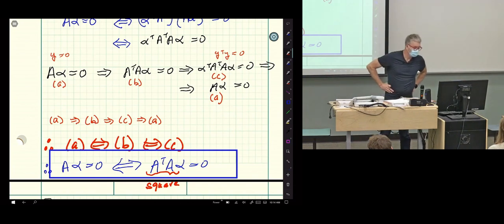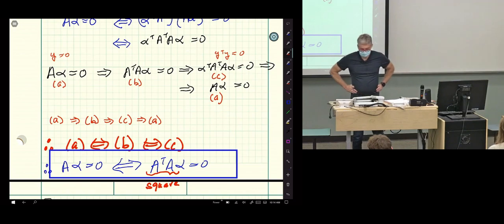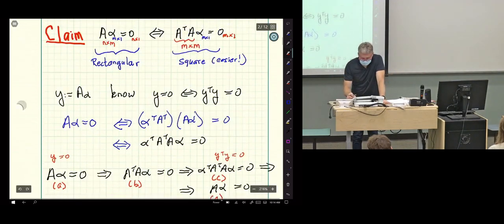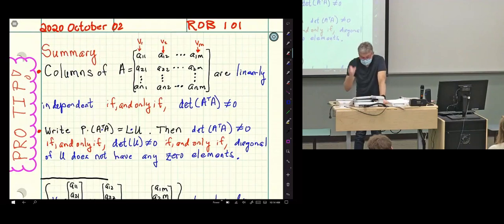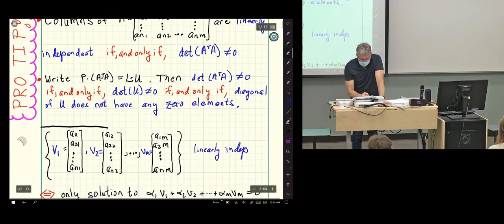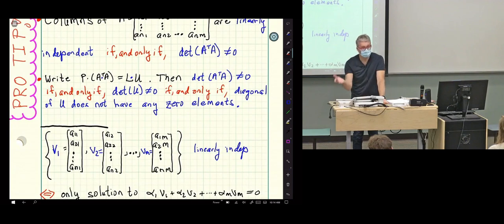Other questions? In the chat, maybe? No? Okay, so now when we want to check linear independence, we just throw the vectors in a matrix. This might have 13 rows, 5 columns, so it's 13 by 5. We form A transpose A, it's then 5 by 5, and we take its determinant.